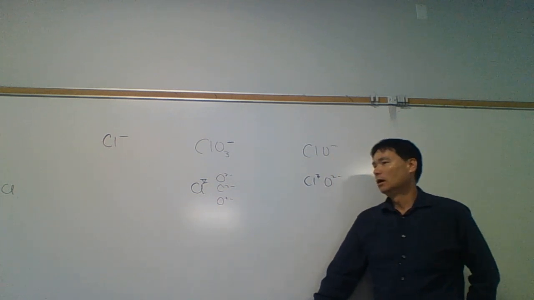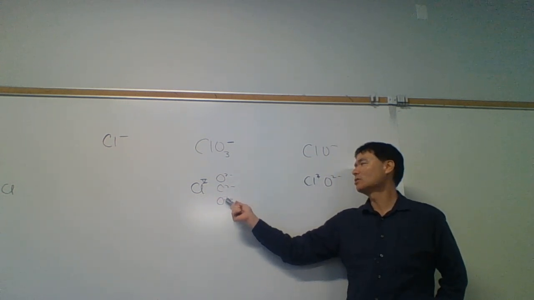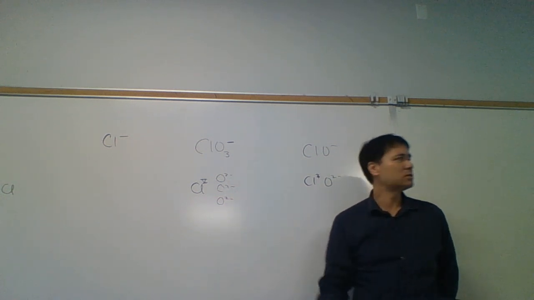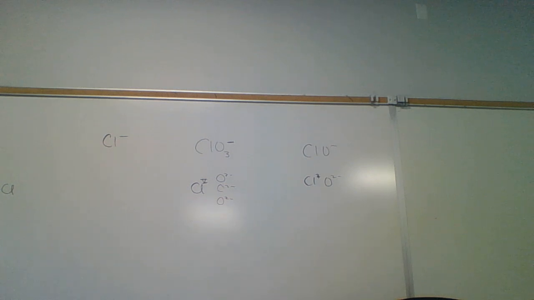Now, over here, which one of these do you think wants more electrons? The oxygen's already happy. How many electrons does oxygen want? If we look at the periodic table, all these want how many electrons? They get a -1 charge, so they all want 1 electron. They have an extra electron.